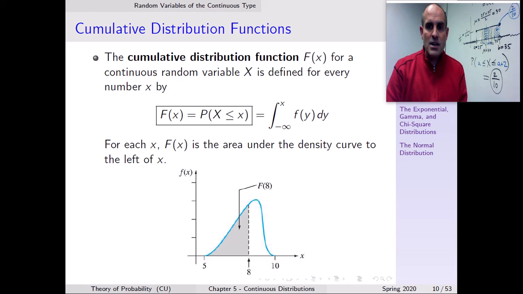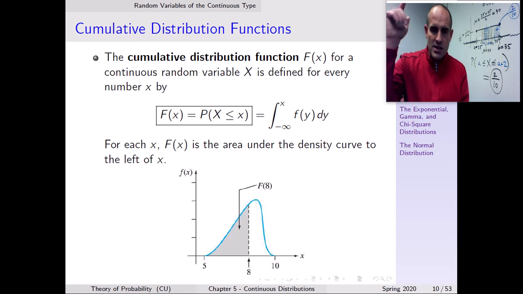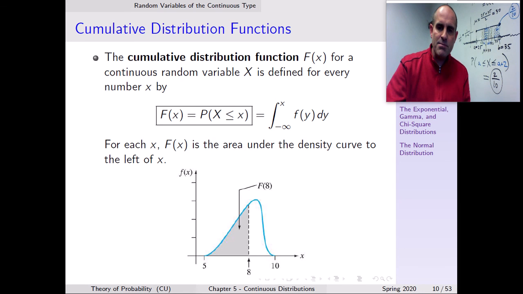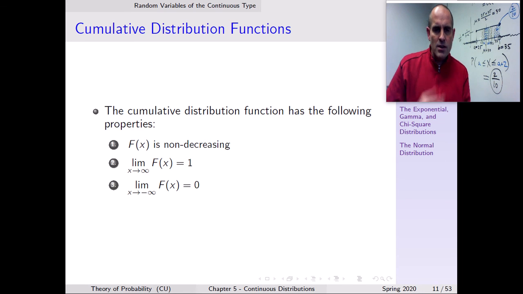Yeah? That would be this, right? Because we would just integrate the density curve up to an upper limit of integration of 8. Okay, should be clear because we did this before.